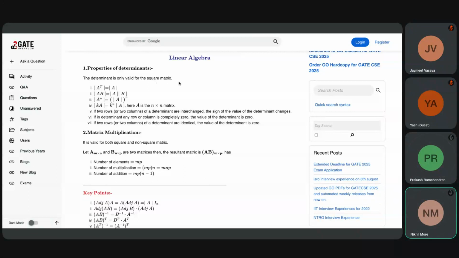The properties here say that the determinant of A transpose is exactly equal to the determinant of A, where A is an n by n matrix.